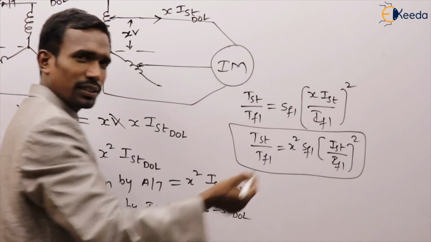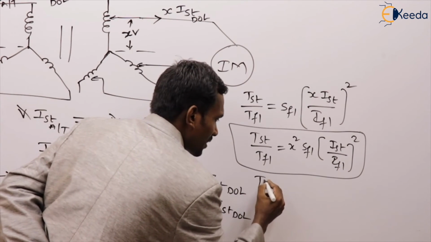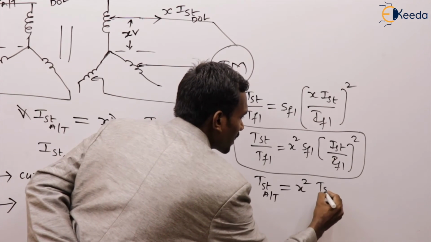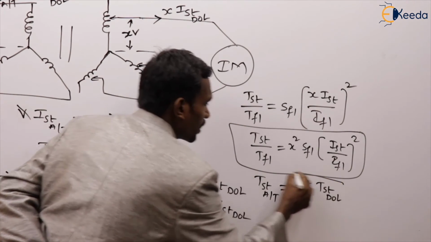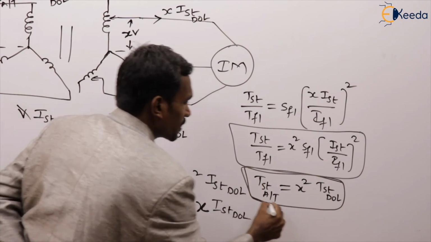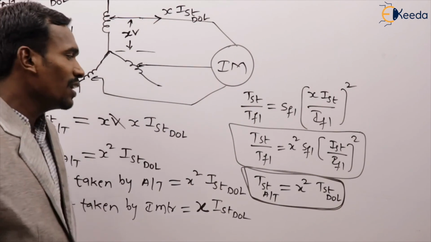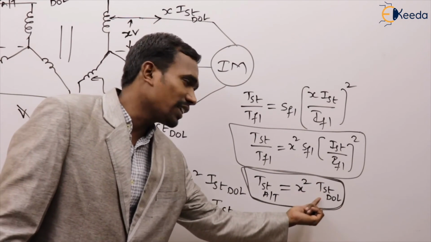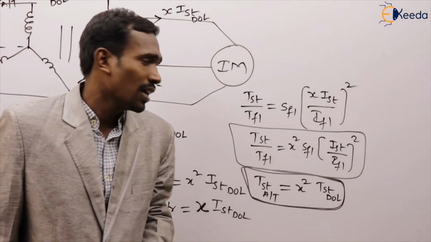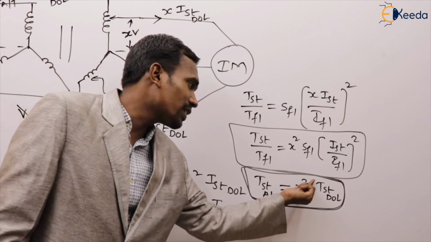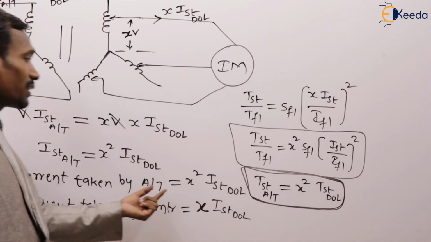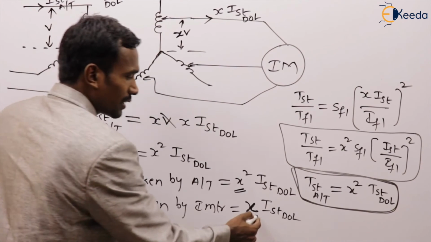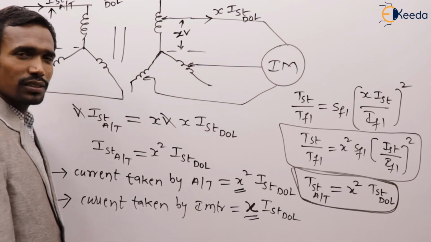Again X square times. Nothing but the starting torque in the auto transformer starter is equal to X square times of the starting torque in the DOL starting method. The torque is controlled by X square times, but see here, for the auto transformer, the current given to the motor is X times.